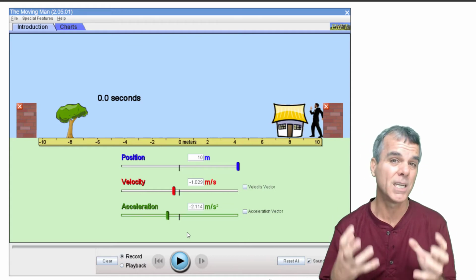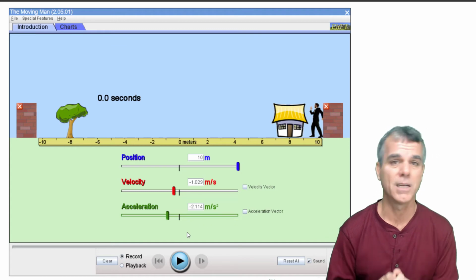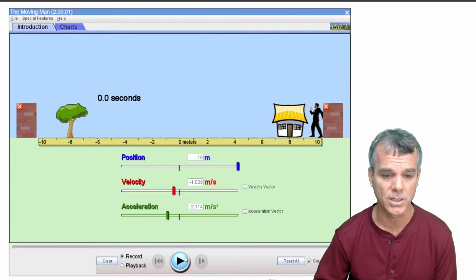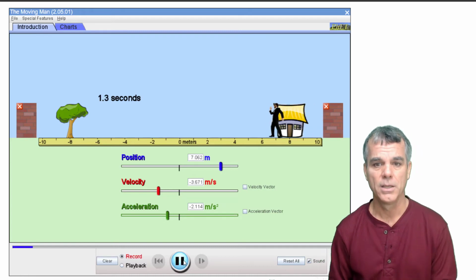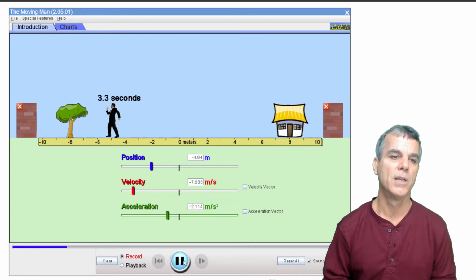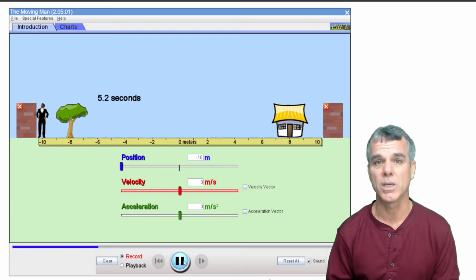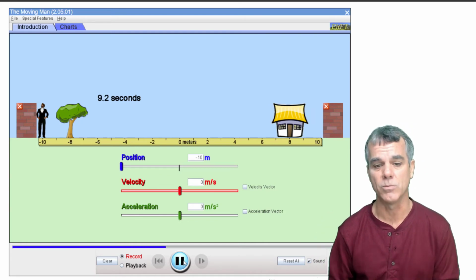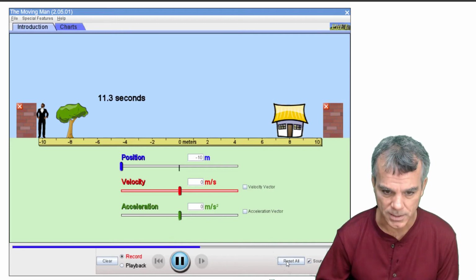So I have a negative initial velocity and a negative acceleration. Velocity and acceleration are pointing in the same direction. When I hit play, you can see this man is moving to the left, but the speed is increasing because he is also accelerating in the same direction that he's moving. Let's reset this again.